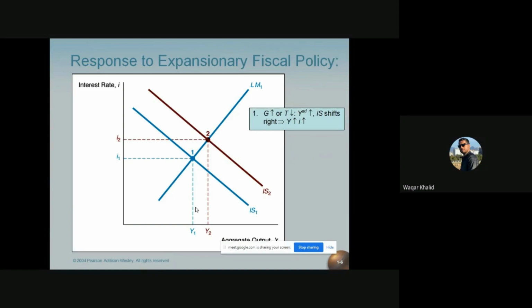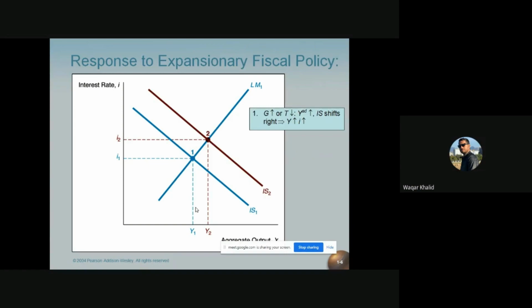Now we are saying that the Federal Reserve is not willing to increase the money supply when the economy is suffering from a 10% unemployment rate. At point 1 the economy is producing at Y1 with 10% unemployment, and the government is not willing to increase the money supply to decrease the unemployment rate.